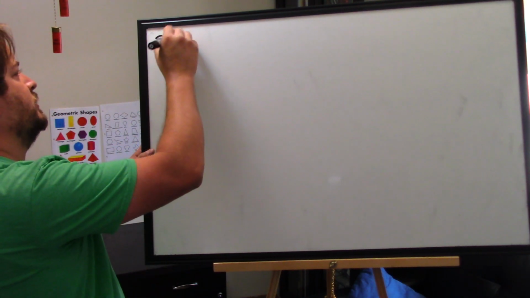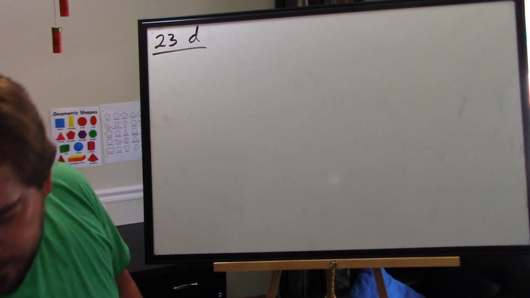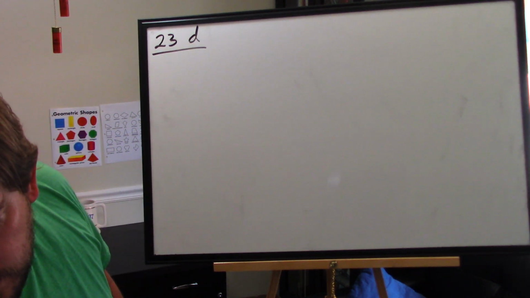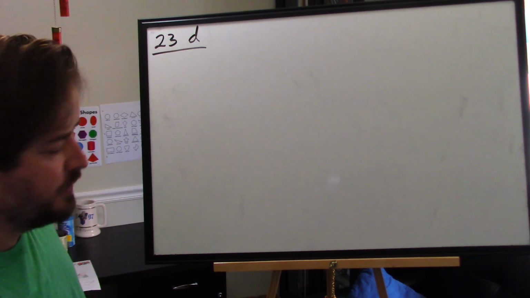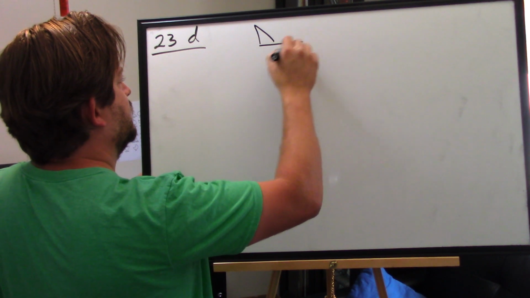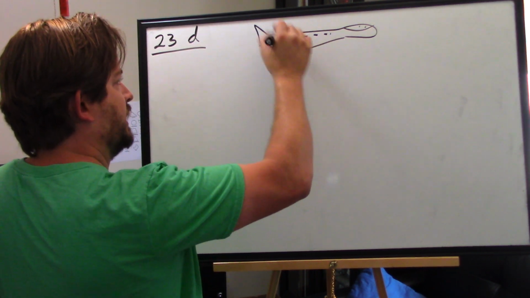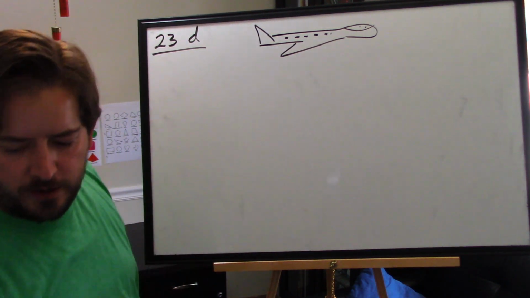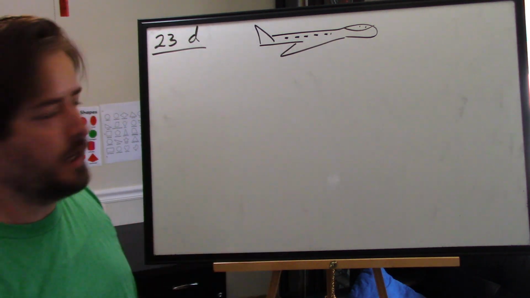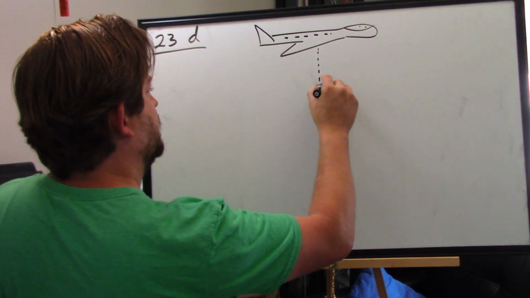We'll do number 23D, which says, an airplane is flying at an elevation of 5,100 feet. Whatever. That's my airplane. Don't make fun. You can't do better. Just kidding. You probably can. But this thing is flying at 5,100 feet.